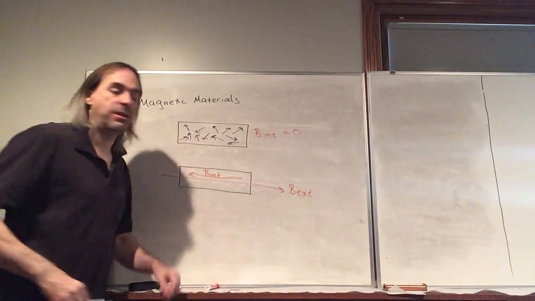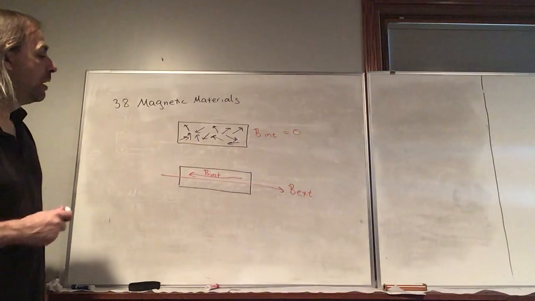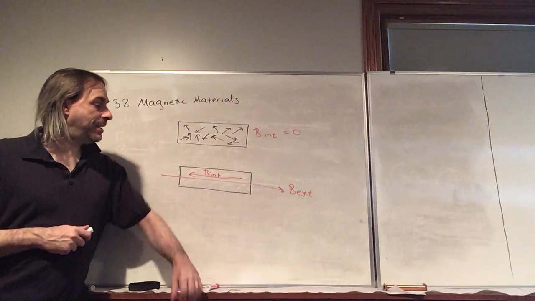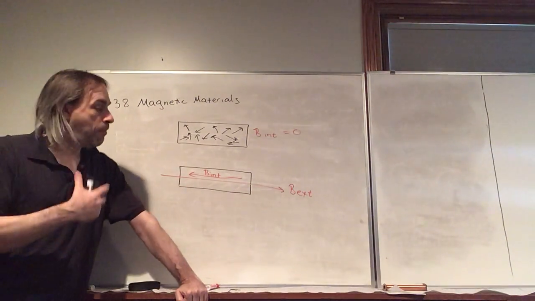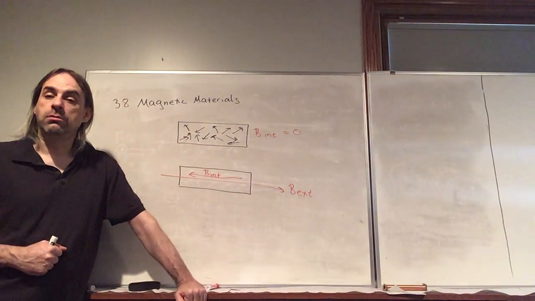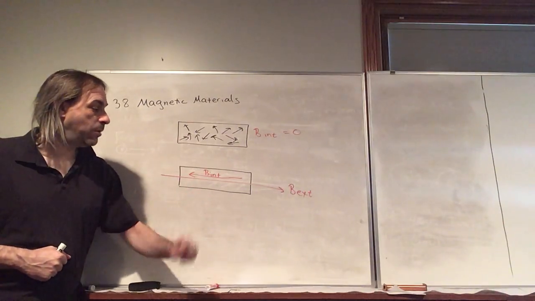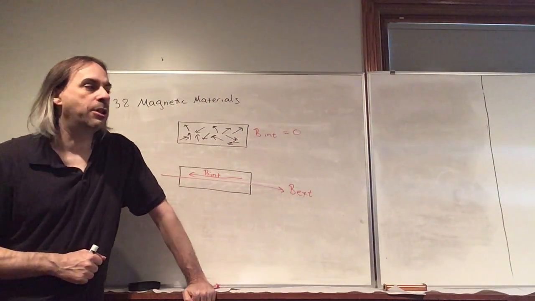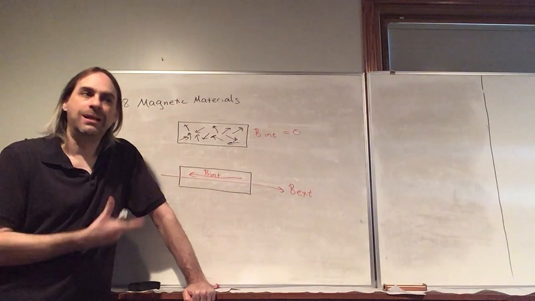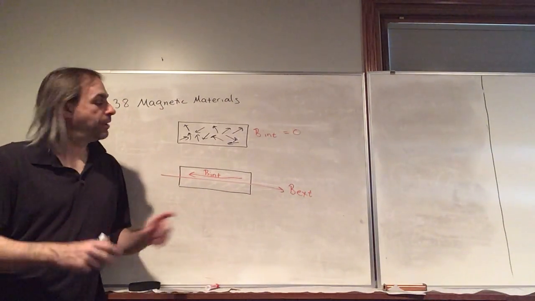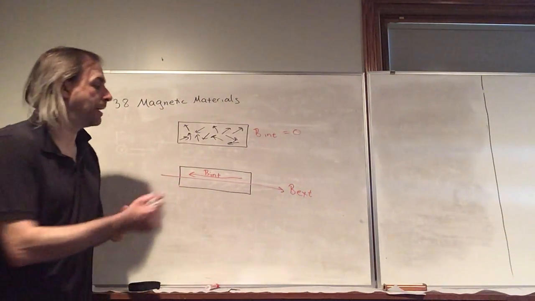All materials have this effect of diamagnetism. But what happens is it creates a magnetic field that opposes the external field. So the field inside will be weaker. You might have heard the term diametrically opposed, like exactly opposite. That's why it's called diamagnetism.